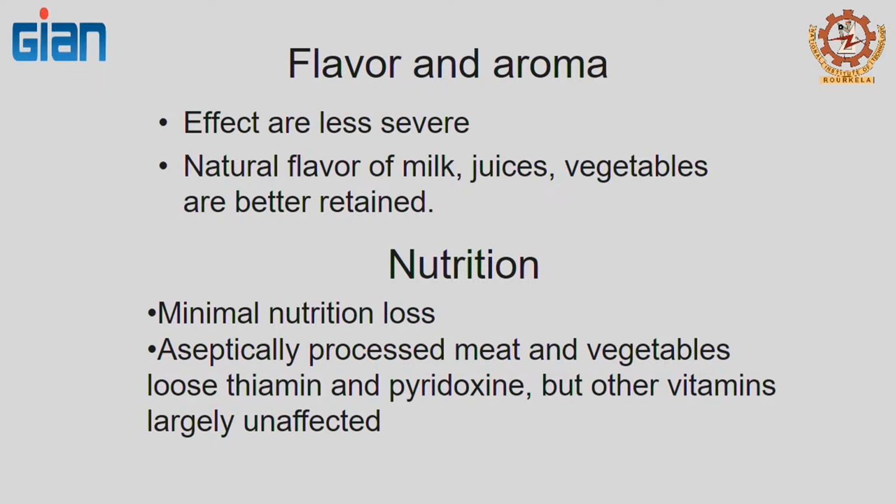And flavor, the product is much more flavorful, for example in juices, milk, and vegetable soups, you retain the natural flavor and have less nutrition loss. Remember, you are doing high temperature short time, so it better retains the nutrients, and most of the vitamins and other things remain unaffected.